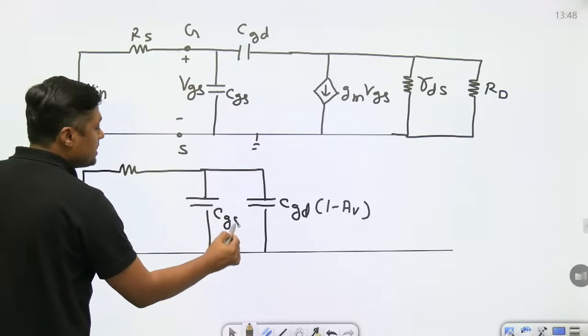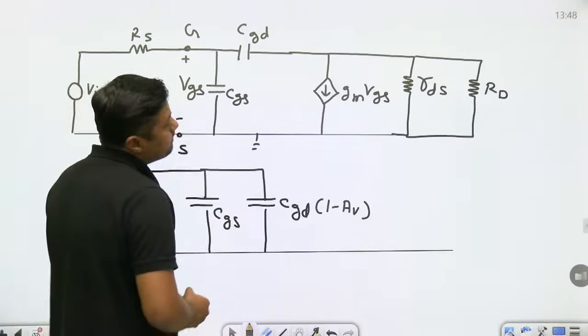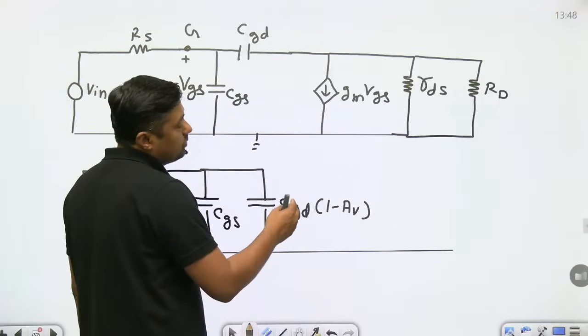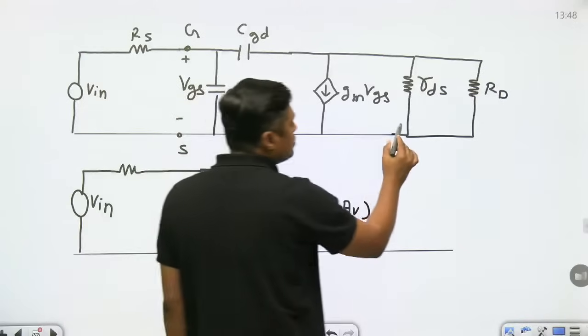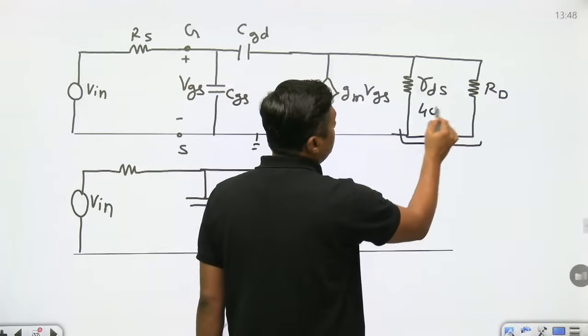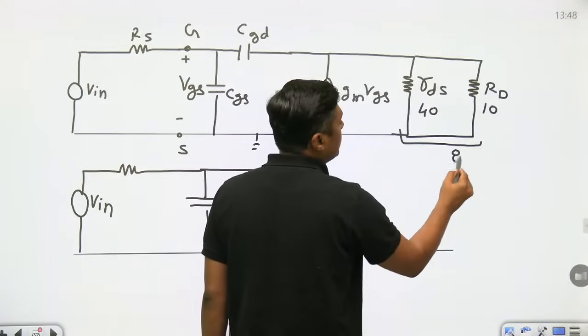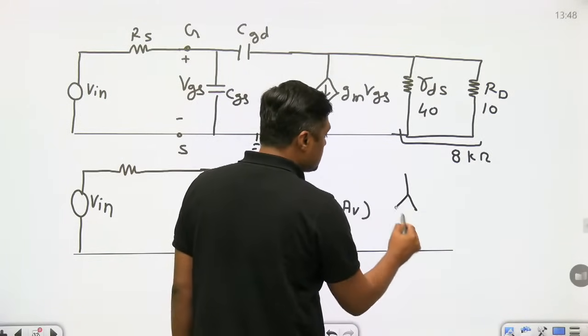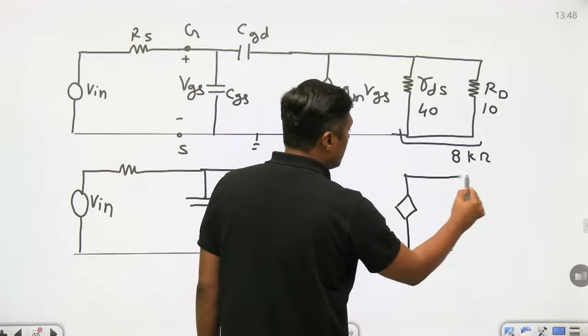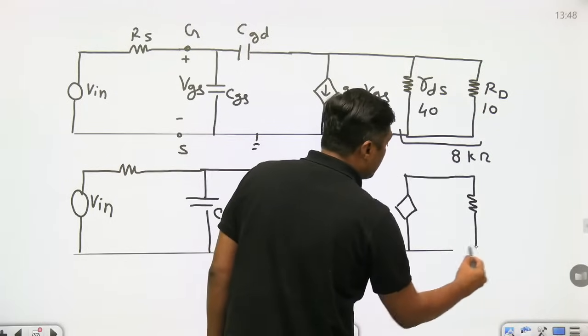This is the CGS. And guys, when I am applying Miller's theorem, you can neglect the capacitance at the output side. These two resistors, 40 parallel with 10 kilo ohm, is nothing but 8 kilo ohm. Then at this side we have only the 8 kilo ohm resistor.